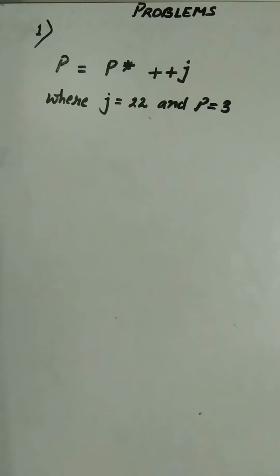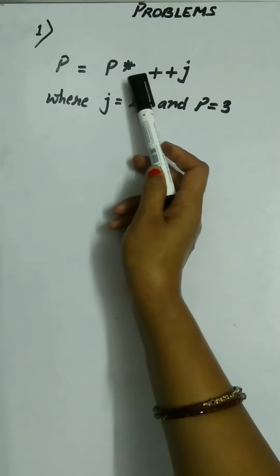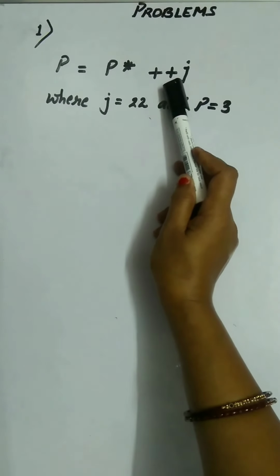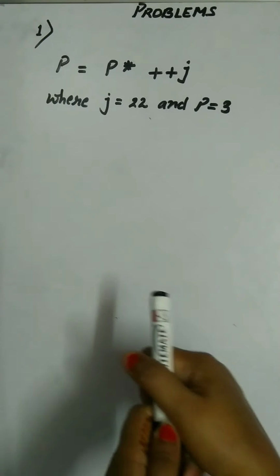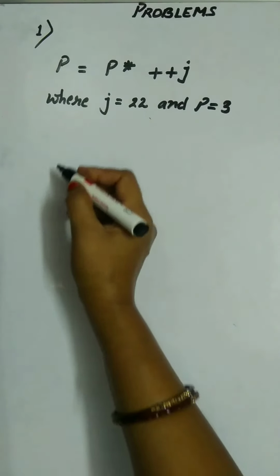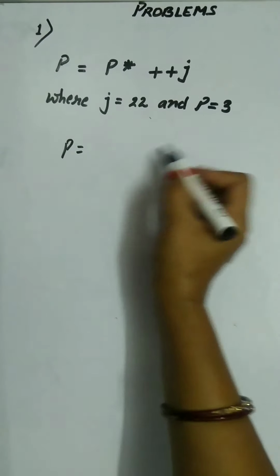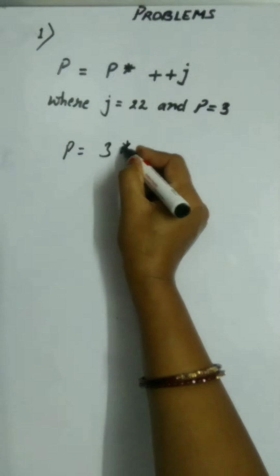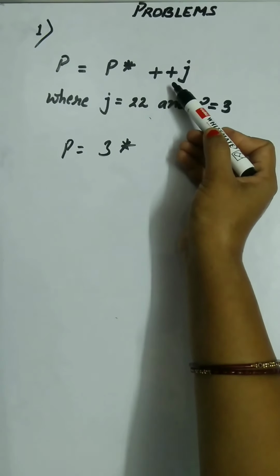Let's see one example of a pre-increment problem. Here the variable is p is equal to p into ++j, where j is equal to 22 and p is equal to 3. So p is equal to 3 into the j value, which is 22, but here is the pre-increment operator.